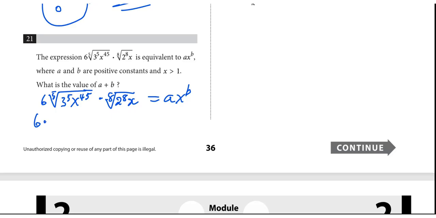The fifth root of 3 to the fifth power is 3, and this dot sign is a dot multiplication, and the fifth root of x to the 45 is x to the 9. All you have to do, 45 divided by 5 is 9. 5 divided by 5 is 1. So that gives us this value.